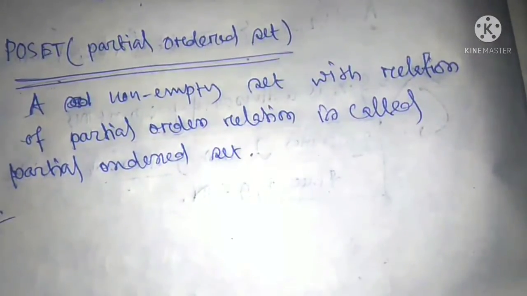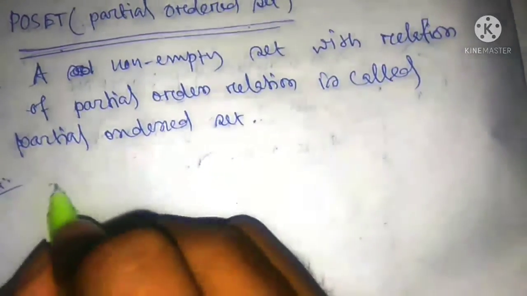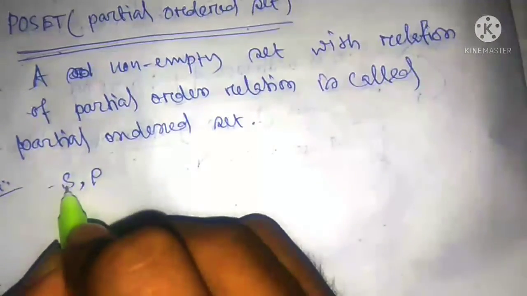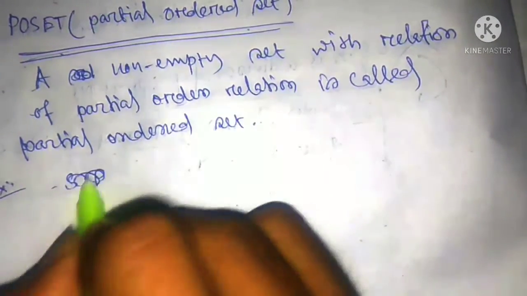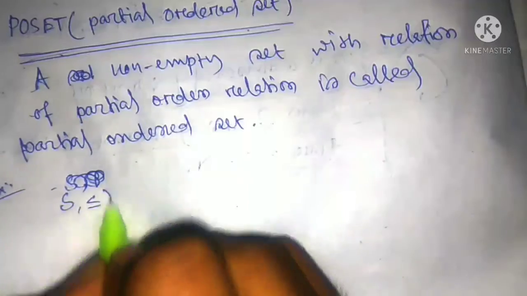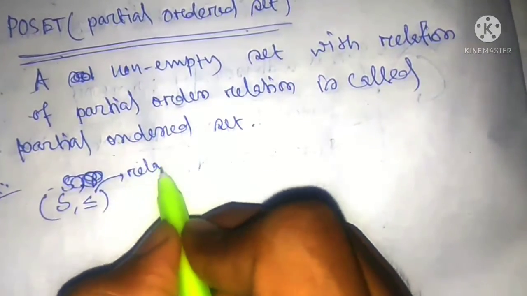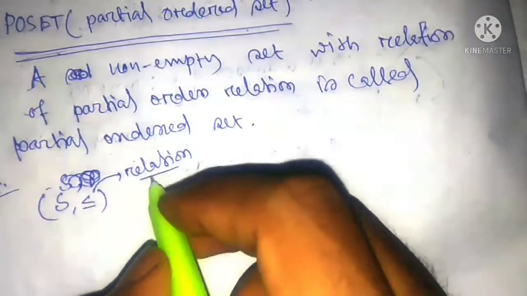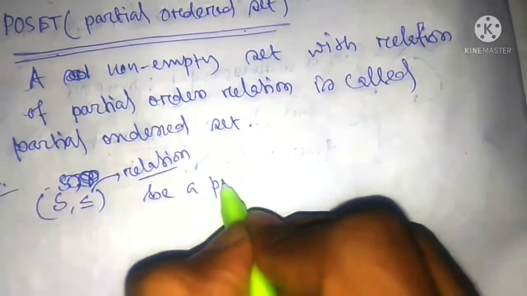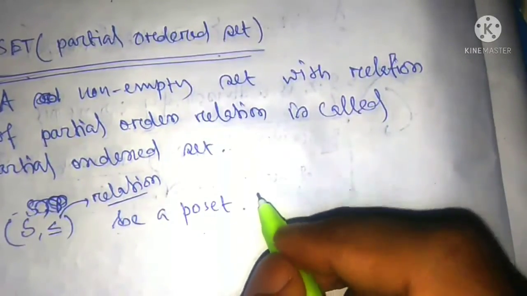So let S, less than equal, this is not less than equal, this is the relation, be a poset. So this is a set which contains a partial order relation.